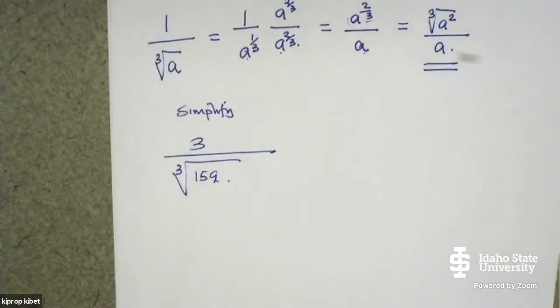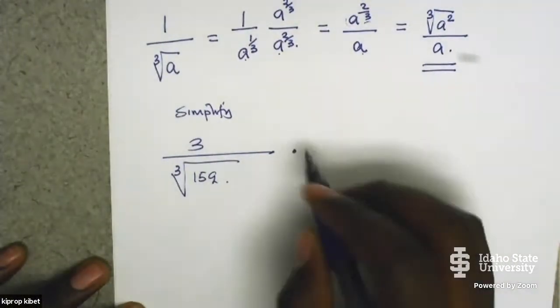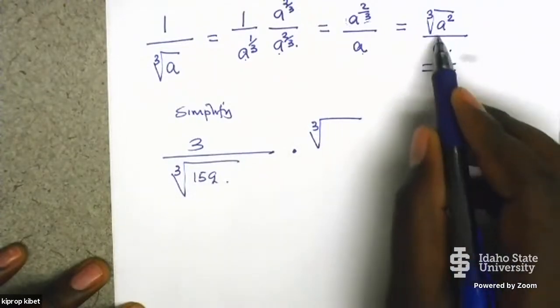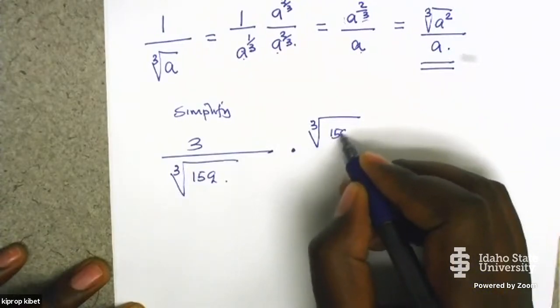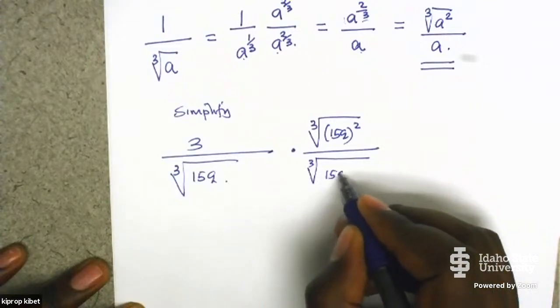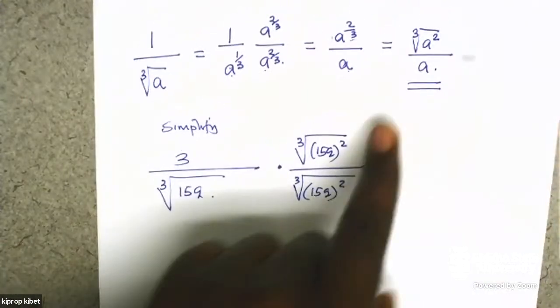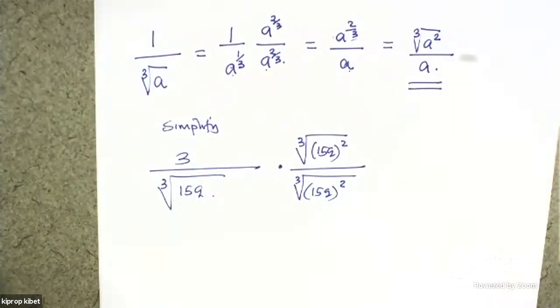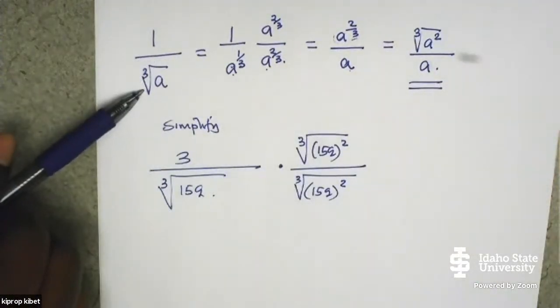So for example, simplify 3 all over the cube root of 15. In that case, we want to remove the radical, so what can we do? This is similar to multiplying by the cube root of 15 squared all over the cube root of 15 squared, similar to what we just did.